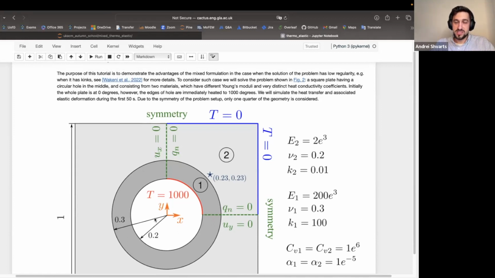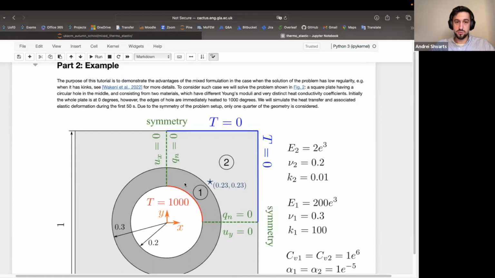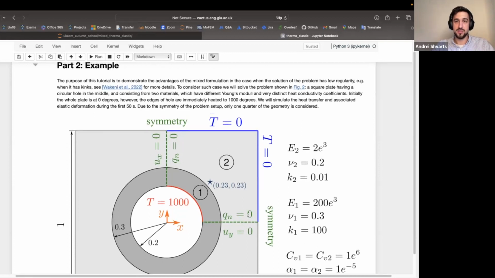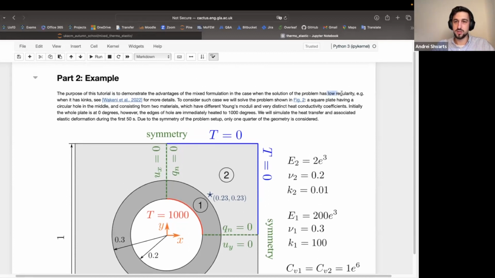And the reason why we are considering two subdomains, two parts of this plate, is because we want them to have drastically different mechanical and thermal properties, and all that is needed to construct a solution with low regularity.